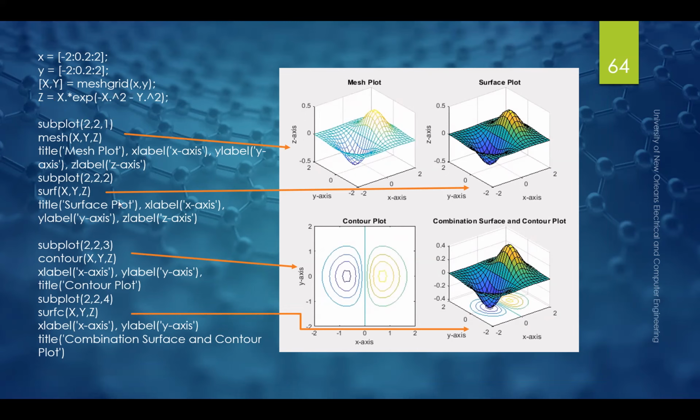Then on the second one, we use the surf command for the same function, of course. And the third one, we use the contour, and you can see again, right? It gives you a good idea of how the function is behaving as it moves, for example, from its center, right?